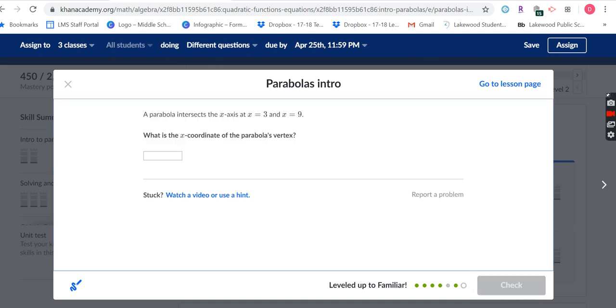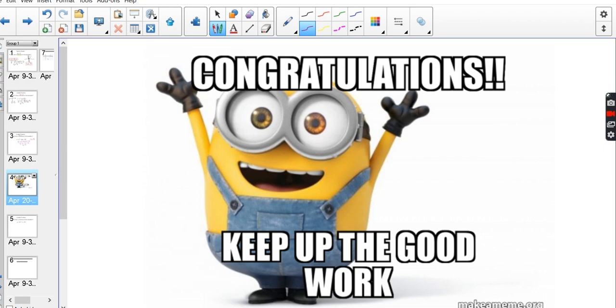Okay, and a parabola intersects the x-axis at x equals 3 and x equals 9. What is the x-coordinate of the parabola's vertex? Okay, this is confusing, so I'm going to show you this on Smart Notebook, and I'll try my best to make it clear without a real graph.